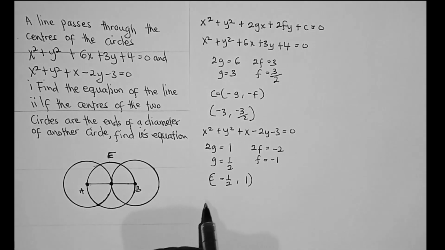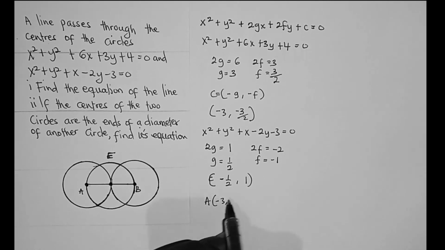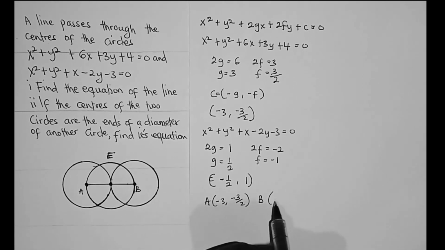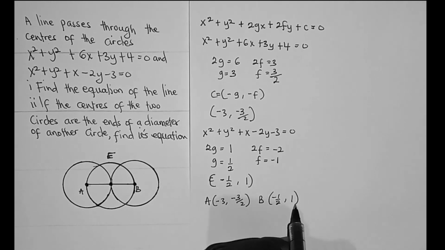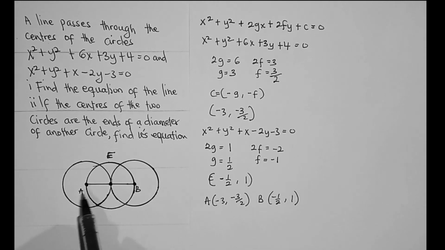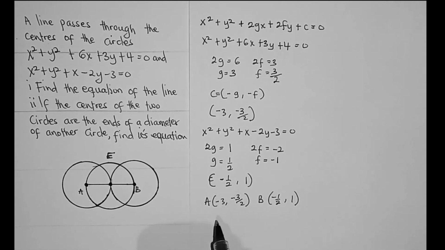So with these two coordinates, let's say coordinate A is (minus 3, minus 3 over 2), and coordinate B is (minus 1 over 2, 1). You can use these two to find the equation of the straight line that joins A and B. So let's first find the gradient of the line.